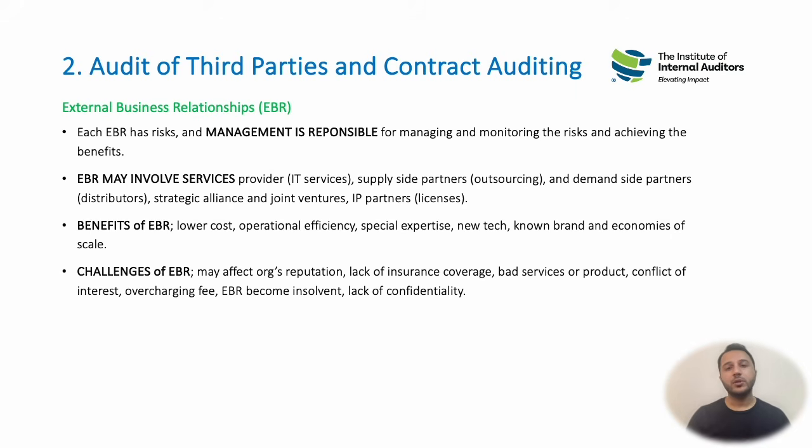We are also associated with that kind of reputational risk in EBR cases. And economic risk: whenever we have a contractual agreement, we want to ensure that the services or products we are taking from them are of the best quality, and that we are getting a good bargain in terms of saving cost or maximizing our revenue.